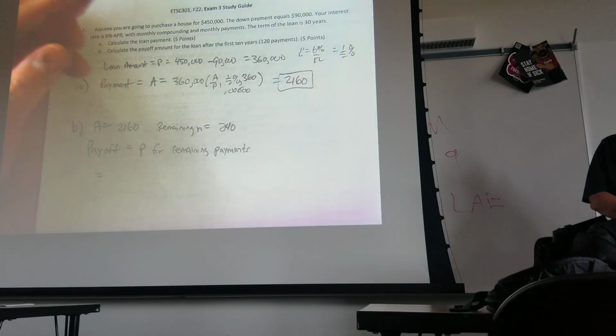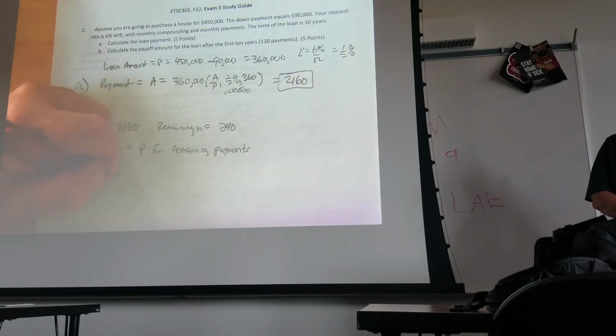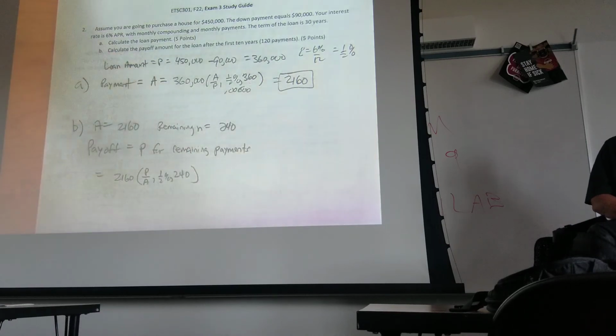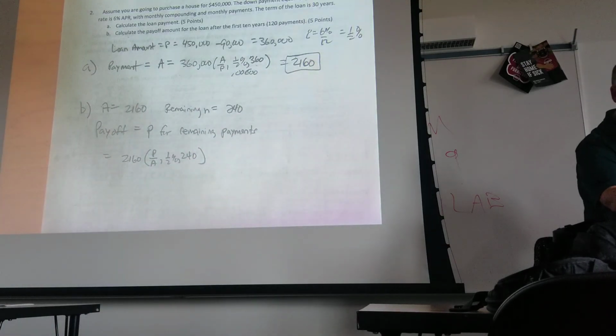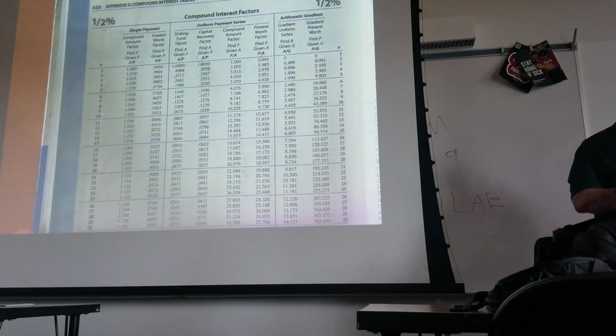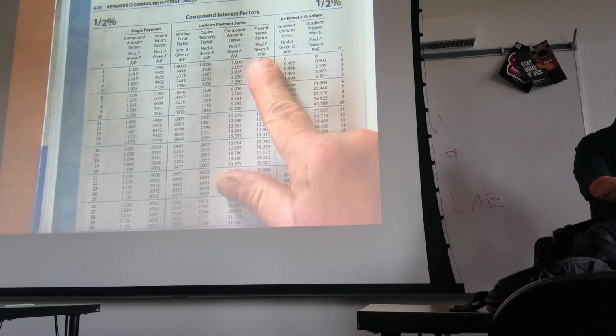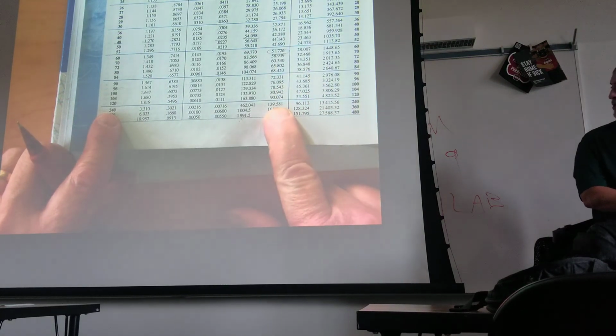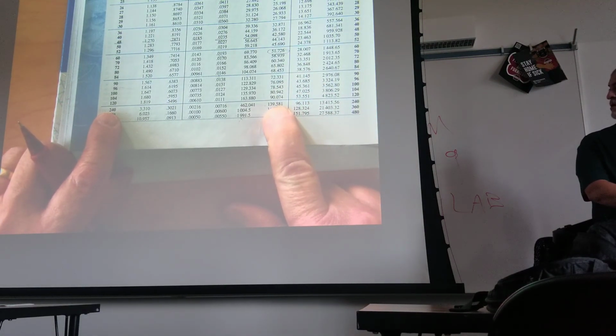Equals A, 2160, times P over A, one half percent, 240. One half percent P over A 240 is 139.581.